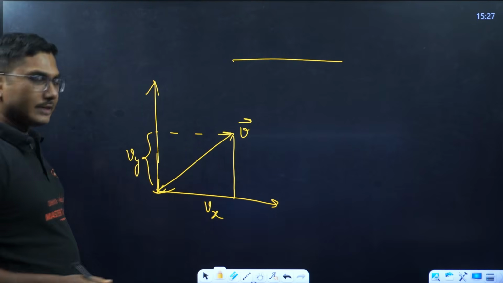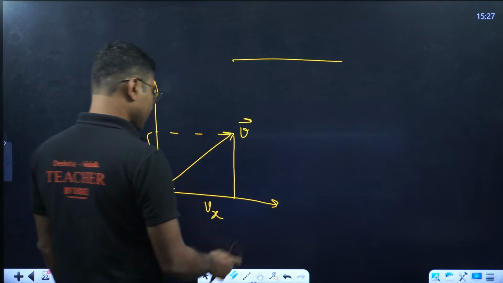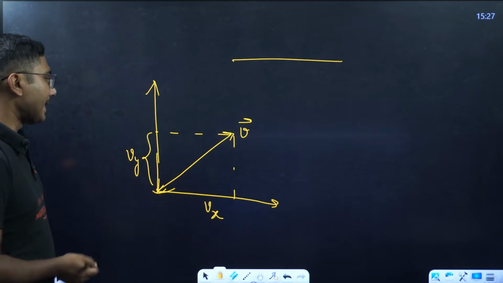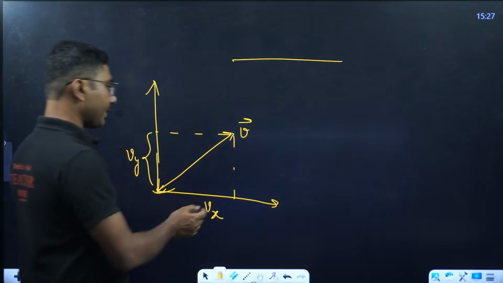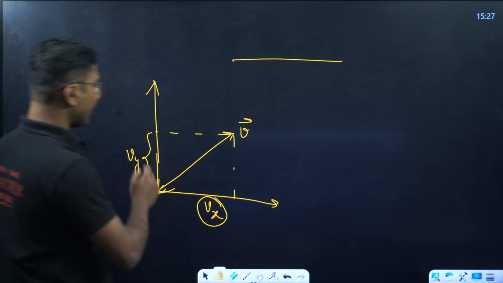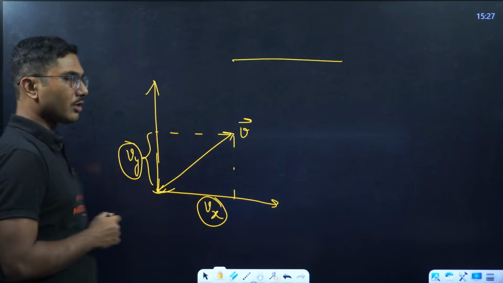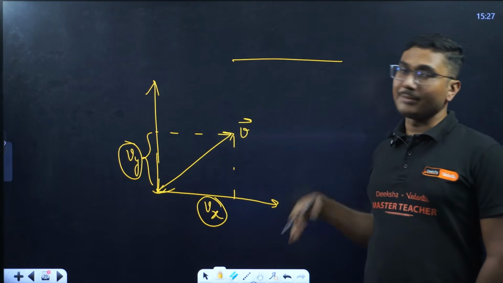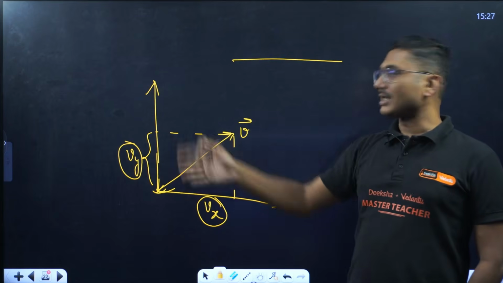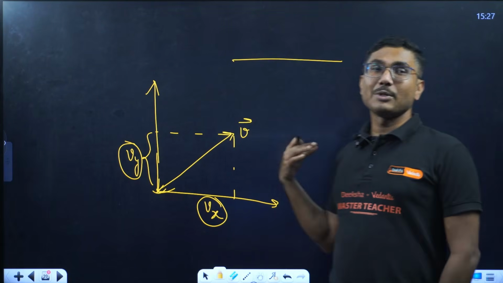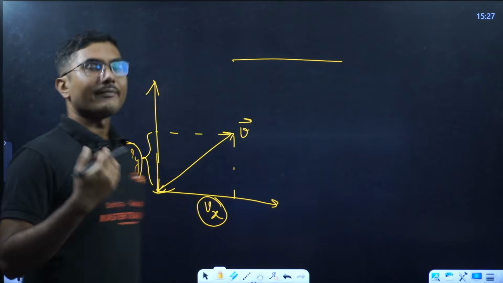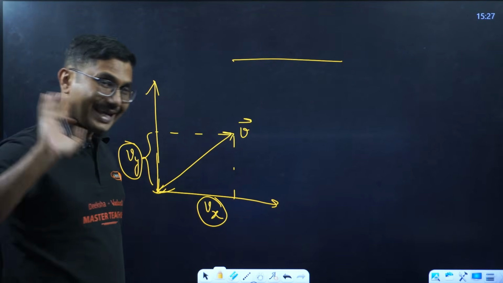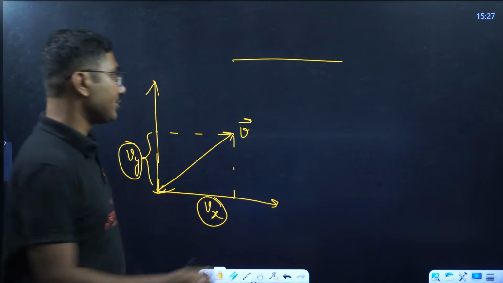Whatever law is applicable on the x component is independent of whatever law is applicable to the y component. They can have separate conditions as well. For example, in this direction maybe acceleration is there, in this direction acceleration is not there. So there can be multiple cases, and we have to apply the equation of motion individually on the x and y components.